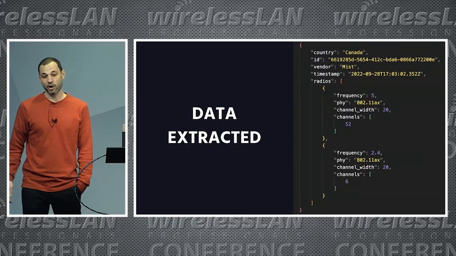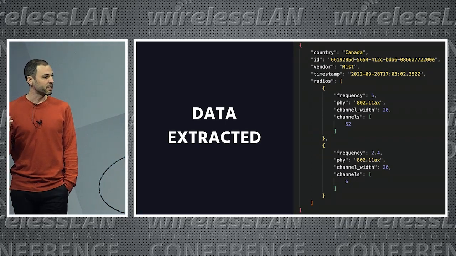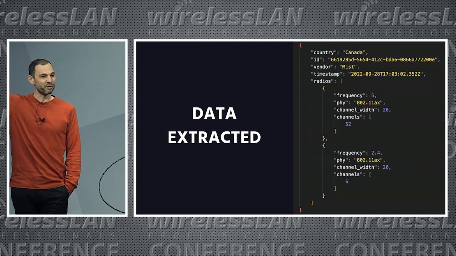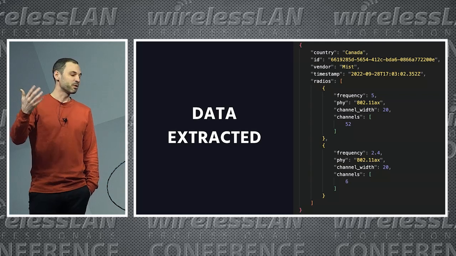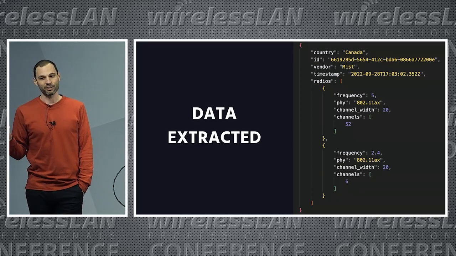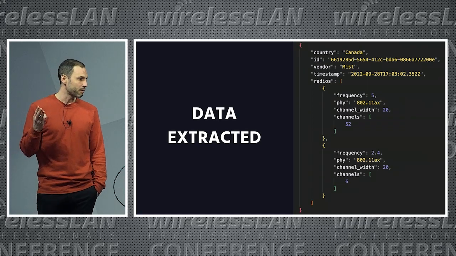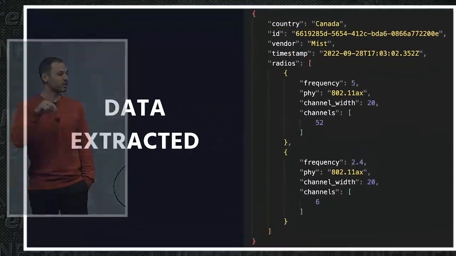This is the data we extract: the country, an ID, so we have a specific ID, so you guys don't try to run the script 50 times against your survey and add the APs 50 times. You can run the script multiple times, it will just add the data once in the database. We use the ID for that. Then we have the vendor, and we have a timestamp, which is related to when you discovered that AP.